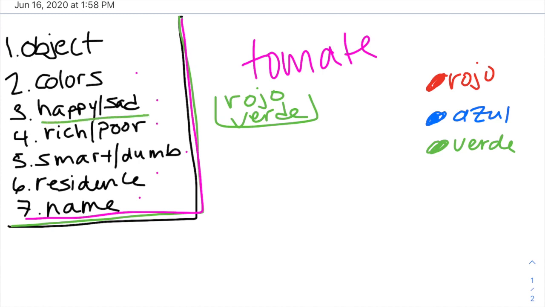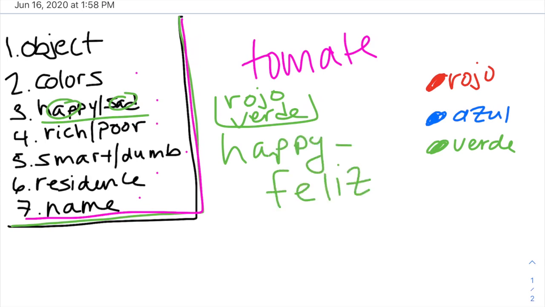A lot of them are easier to decide because there are only two options, happy or sad, so those go pretty quickly. So let's say it's happy. And here you'll have to go pretty slow, because if it's your first One-Word Image, you'll have to be doing a lot of translating. Rich or poor, they usually choose rico. They like that.